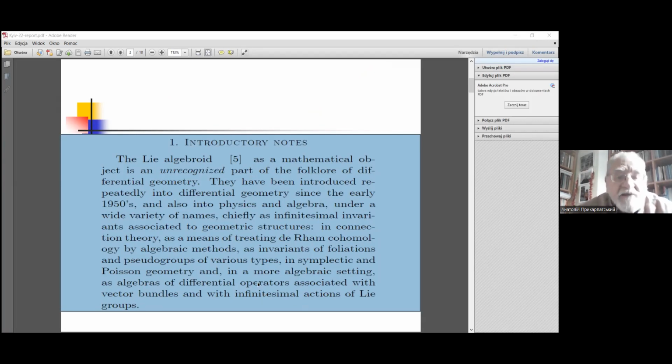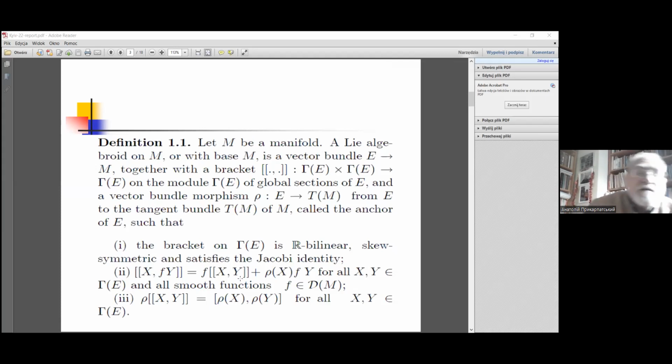Also as algebras of differential operators associated with some vector bundles, and this last point will be the main one in my discussion.